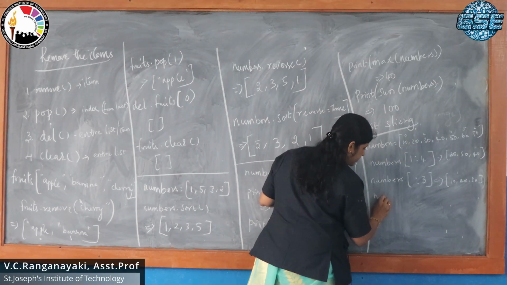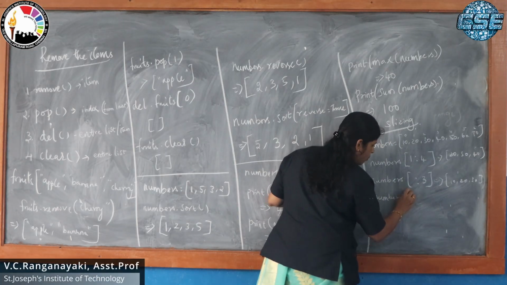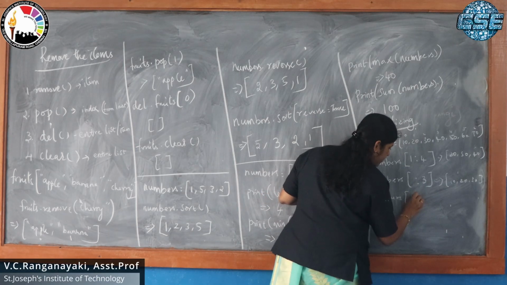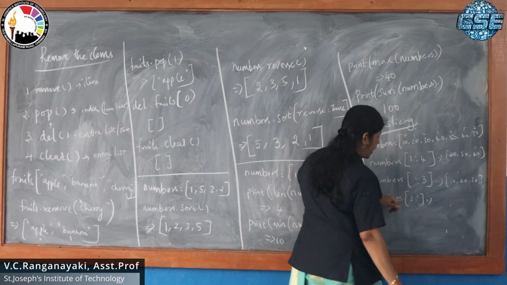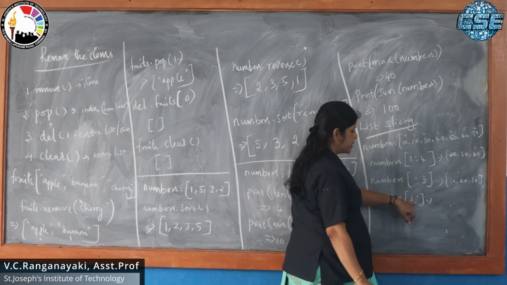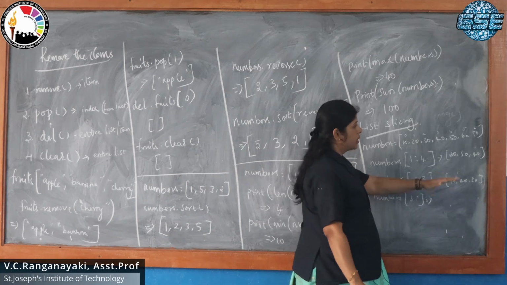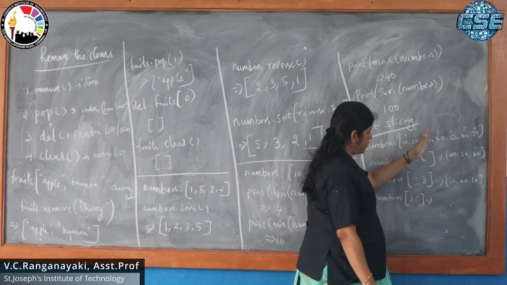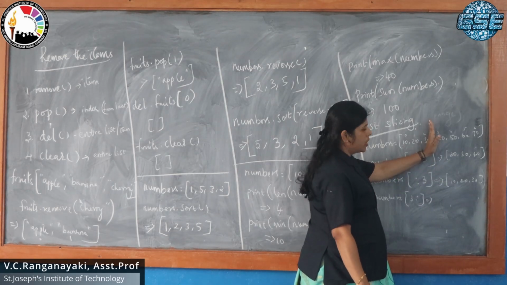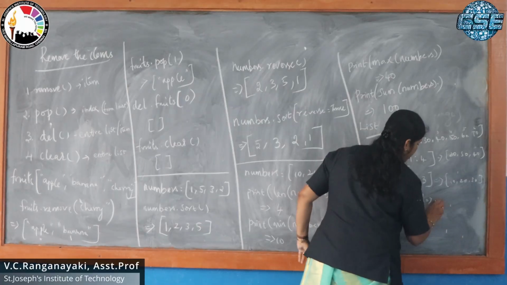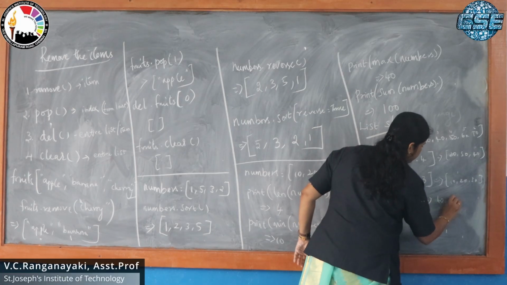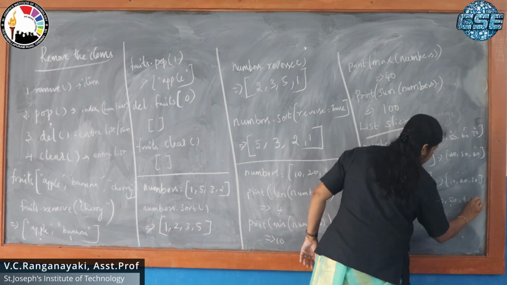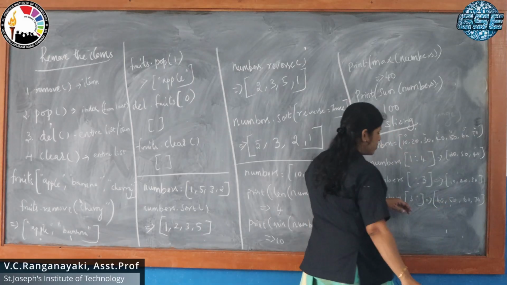Next, if I give the colon after 3, numbers[3:], the output will be from that index to the last. So after 30, it will cut: 40, 50, 60, 70. Like this.